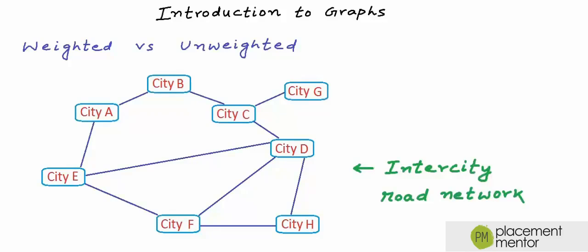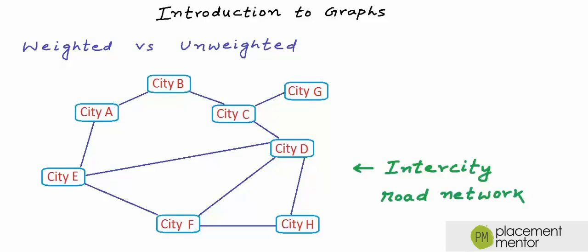I'm assuming that all highways would be bidirectional. Intracity road network, that is road network within a city, would definitely have one-way roads, and so intracity road network must be represented as a directed graph, but intercity road network in my opinion can be represented as an undirected graph.